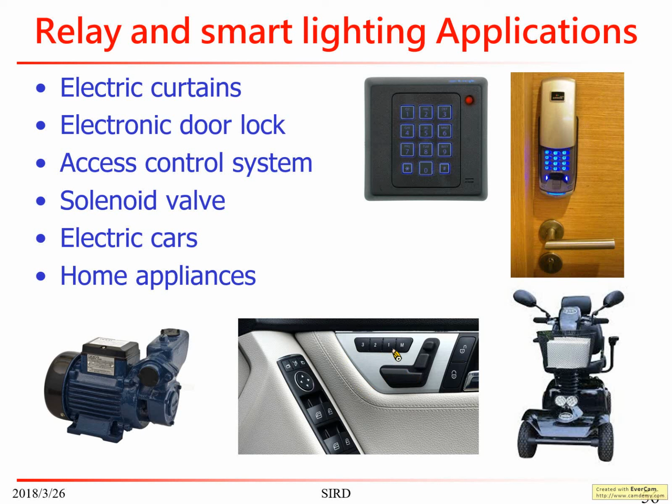You can see a lot of buttons that turn relays on and off. And sometimes another kind of relay called solenoid valves. They turn on things like a gas pump, and when the gas pump runs, the oil flows.